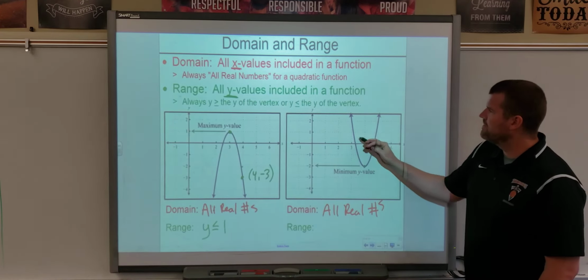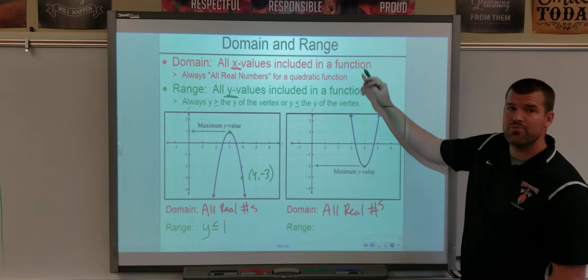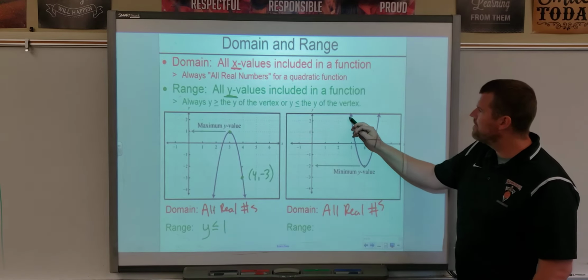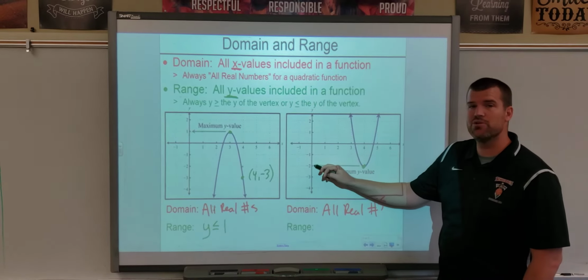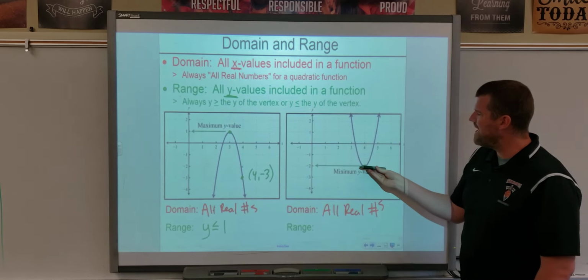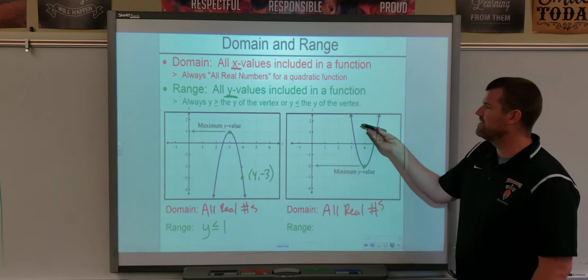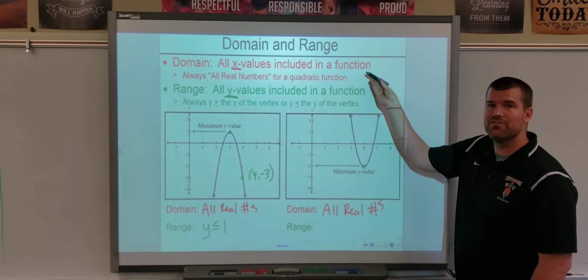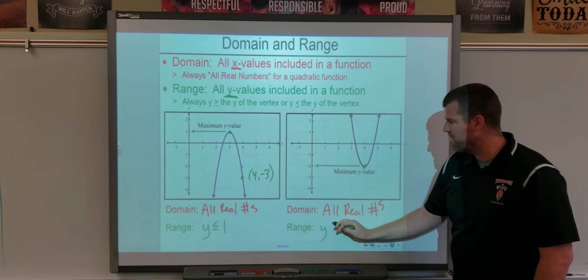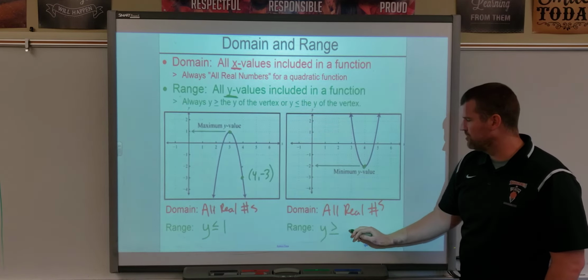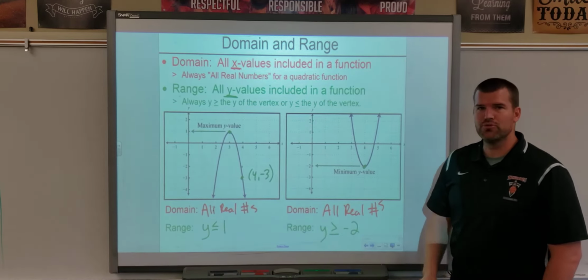On this graph, however, we do have numbers that go up, right? We can go all the way to infinity. The lowest this graph goes is right here, which is a y value of -2. So we know that every point on this graph is going to have a y value above -2. So the range, our y values, is going to be everything greater than or equal to -2.